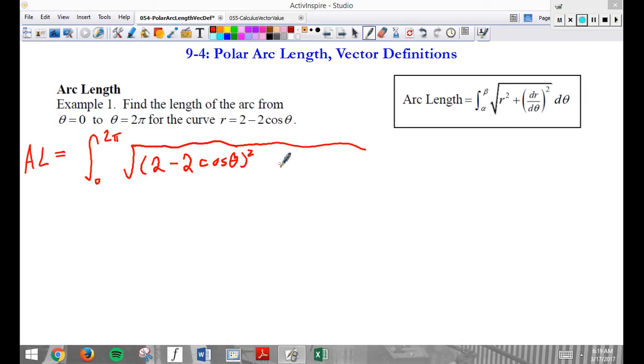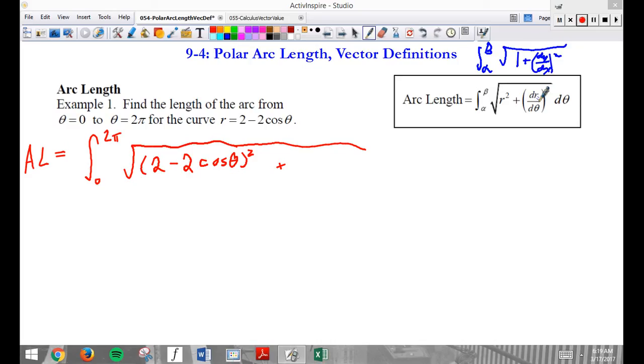And now we're going to have to add the square of its derivative. It's the derivative with respect to theta. Because of how you're used to the other arc length formula, the other one you use in AB even, is the square root of 1 plus dy dx squared.